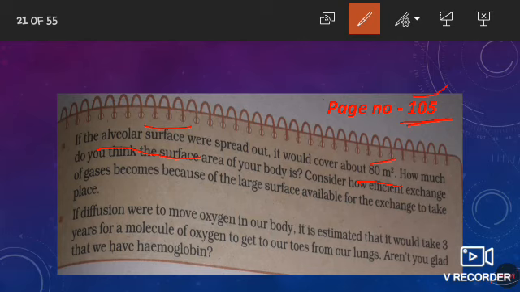That means it can increase its surface area, so exchange of gases becomes much easier because a large surface area is available in the alveoli region. So in alveoli, exchange of gases takes place because it can increase its surface area.